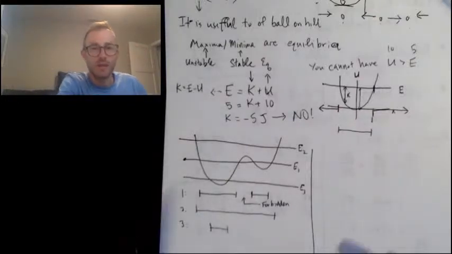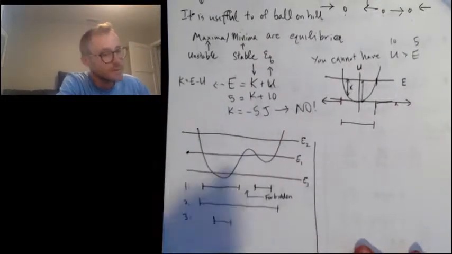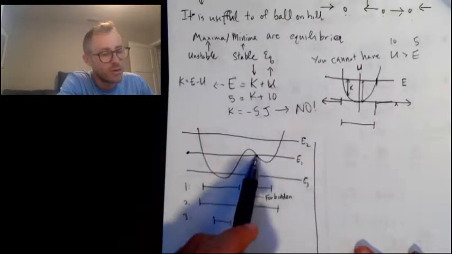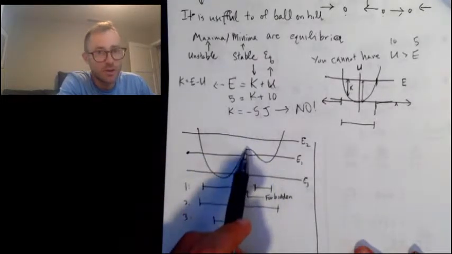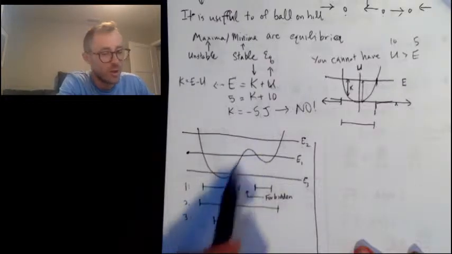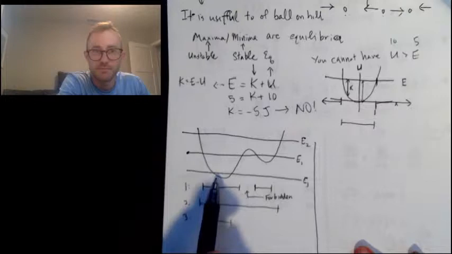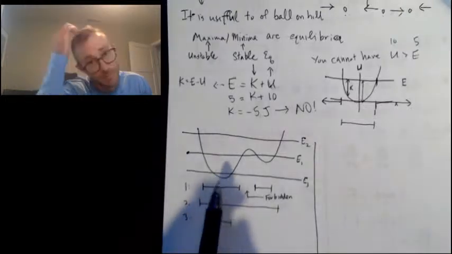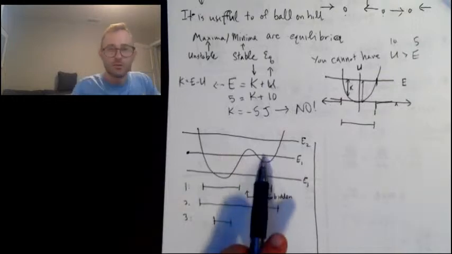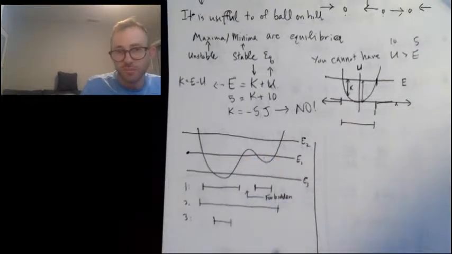In quantum mechanics, a particle can temporarily go into a forbidden region and show up on the other side. That's really cool. Okay? A particle can go through the forbidden region temporarily.